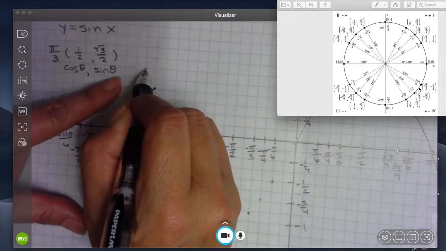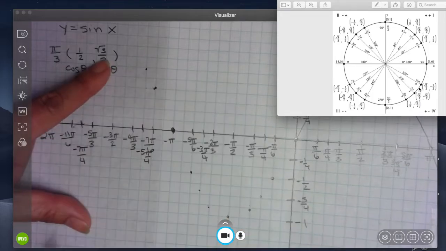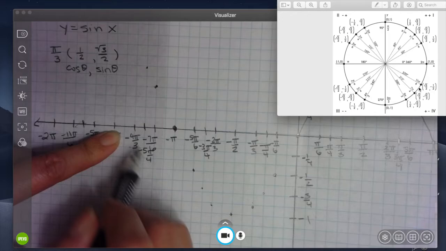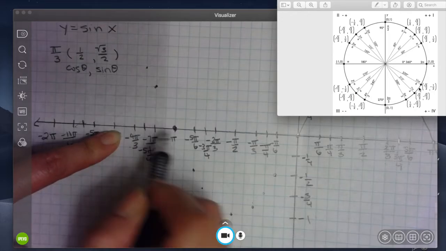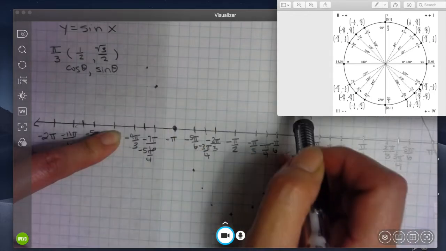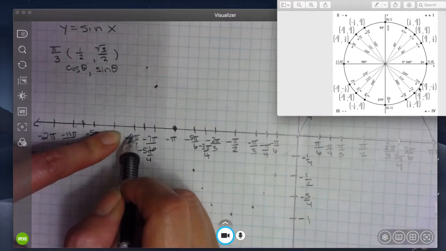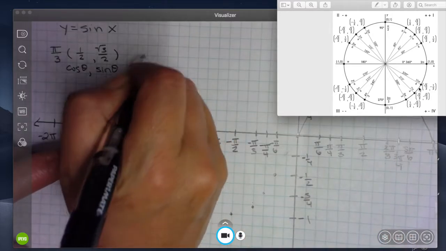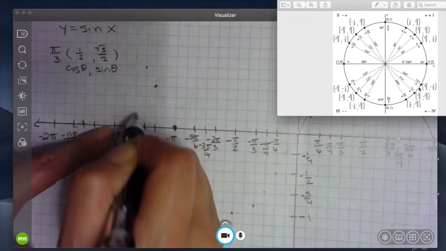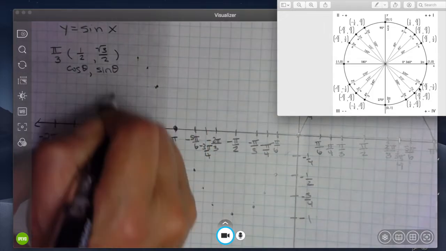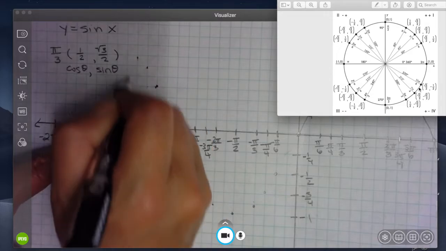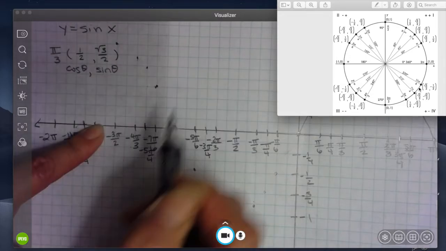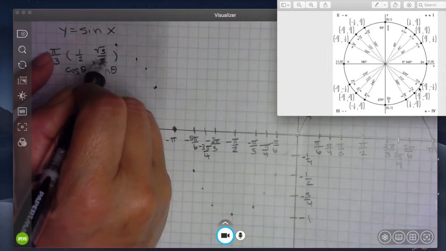Negative 4 pi over 3 is going to be positive 0.87. Negative 3 pi over 2 is going to be 1. And come right back around. I have my work here shown. I'll just draw through it.